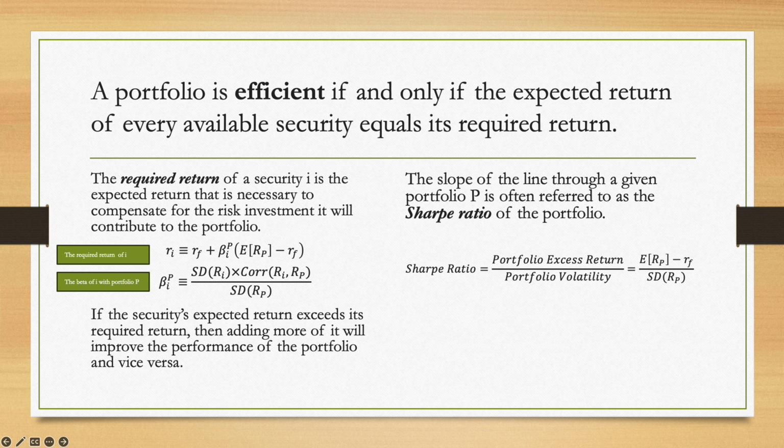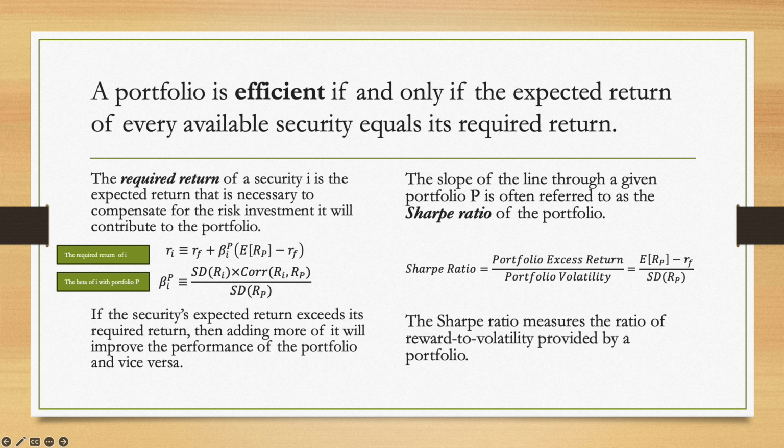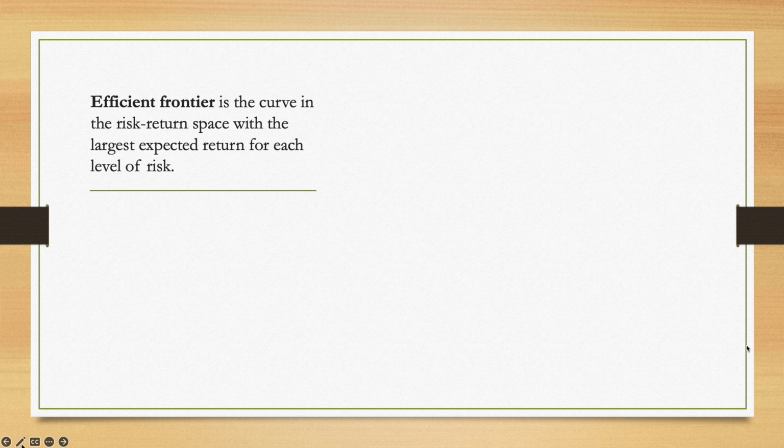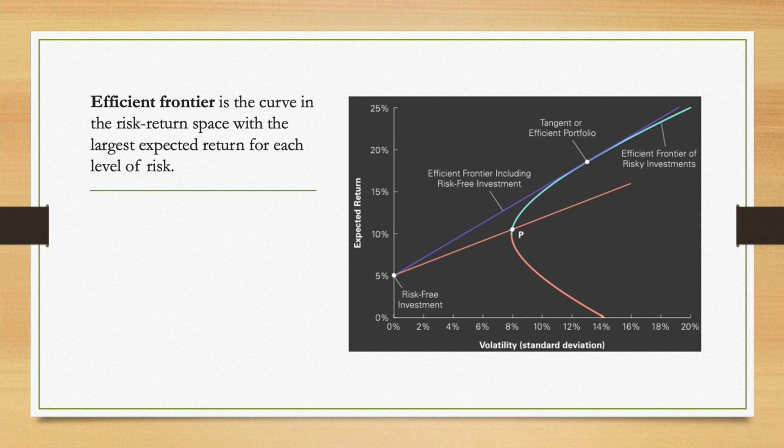It is the portfolio excess return divided by the portfolio volatility. The Sharpe ratio measures the ratio of reward to volatility provided by a portfolio. Efficient frontier is the curve in the risk-return space with the largest expected return for each level of risk.